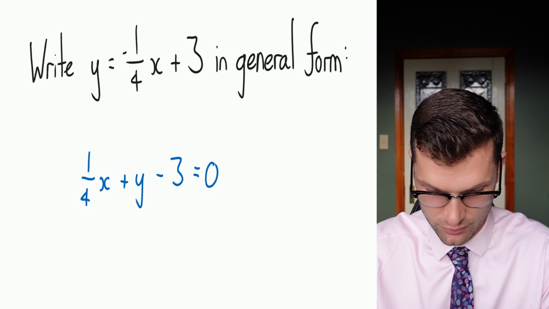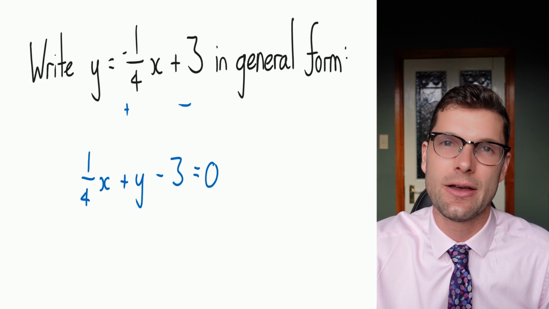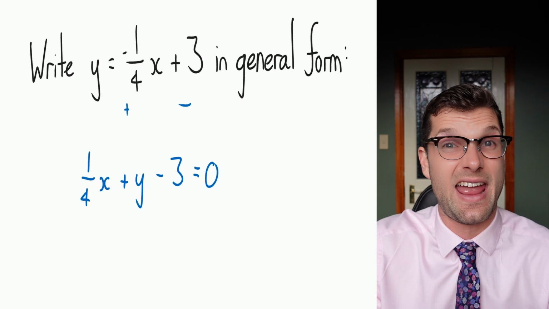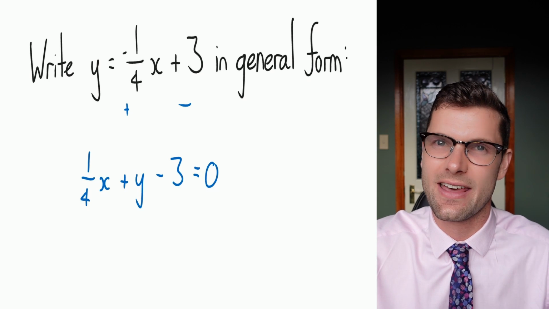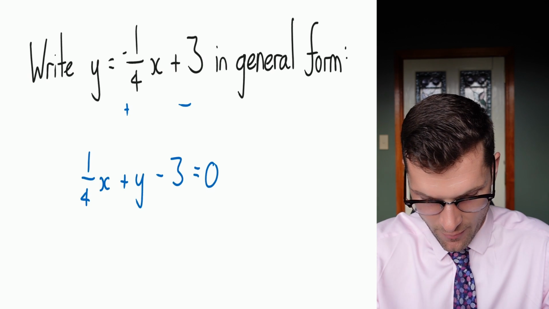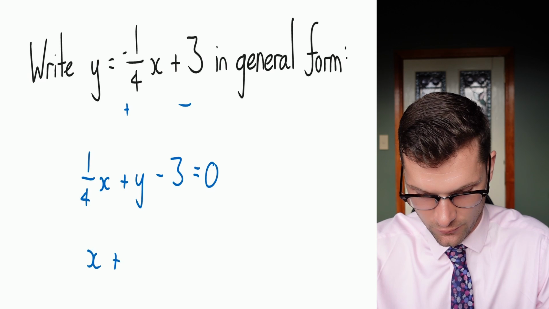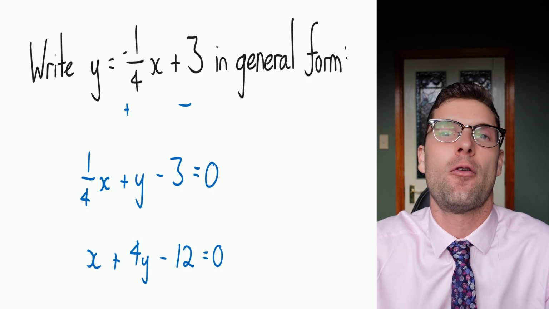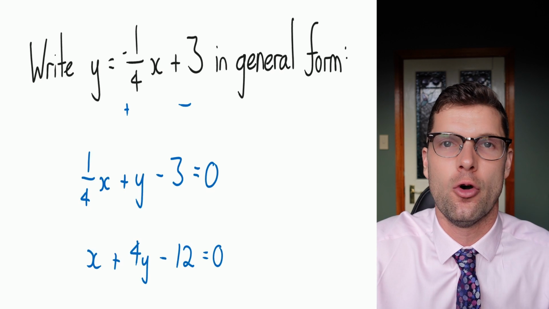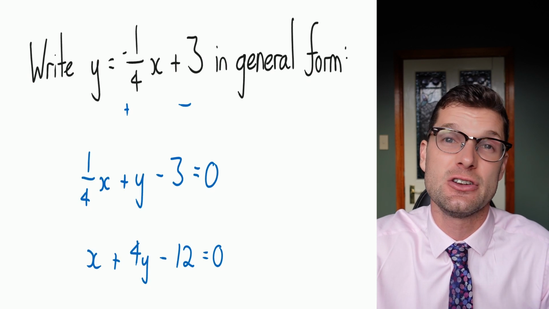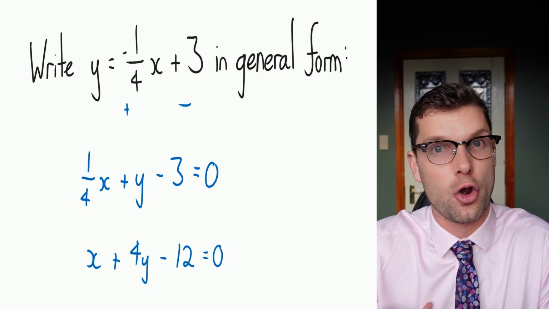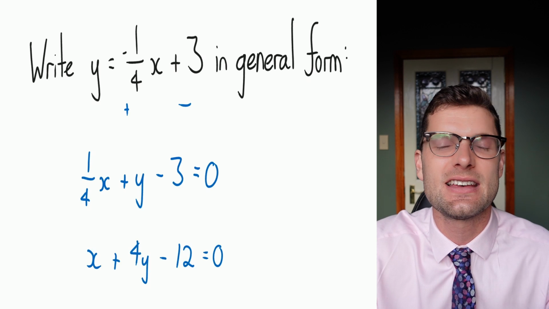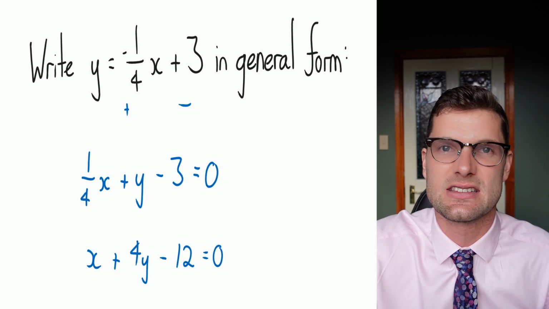So that's just plussing this over and minusing that over. Now I've got to multiply everything by 4 because I've got a quarter there, which I can't have. So I'm left with x plus 4y minus 12 is equal to 0. And that ticks off all the rules needed for general form. I have a positive coefficient with x, that 1. I've got all integers, so there's no fractions, and I've got a 0 on one of the sides.